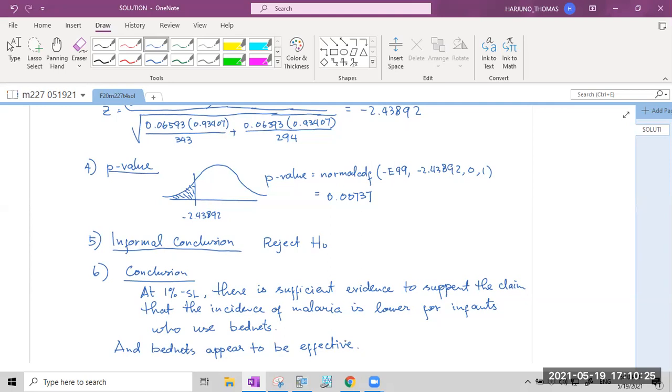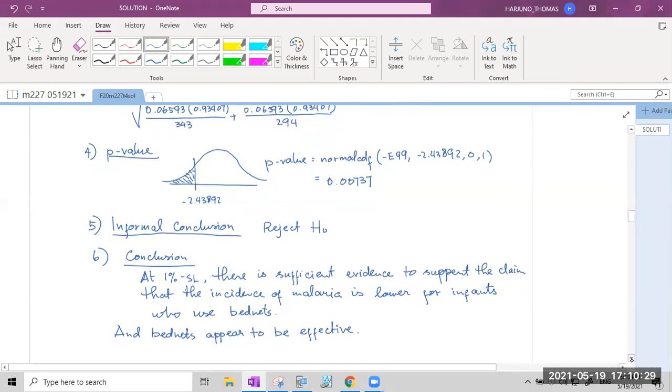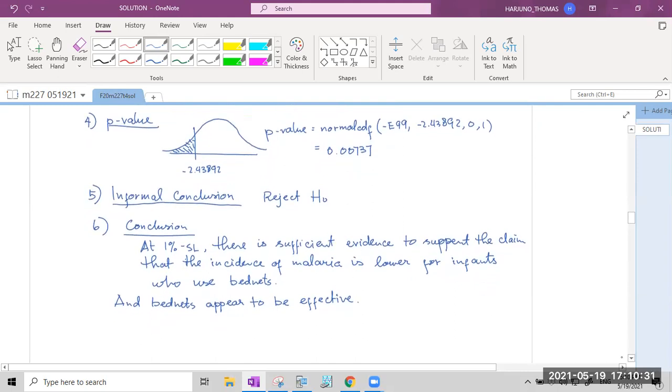No, that's not what they meant by being effective. What they meant is that if you are vaccinated, or in this case, if you use bed nets, the incidence of the infant having malaria, or that person catching COVID, is much lower.